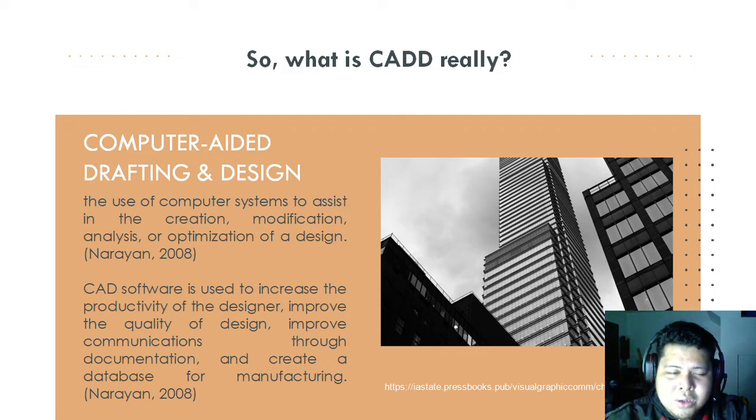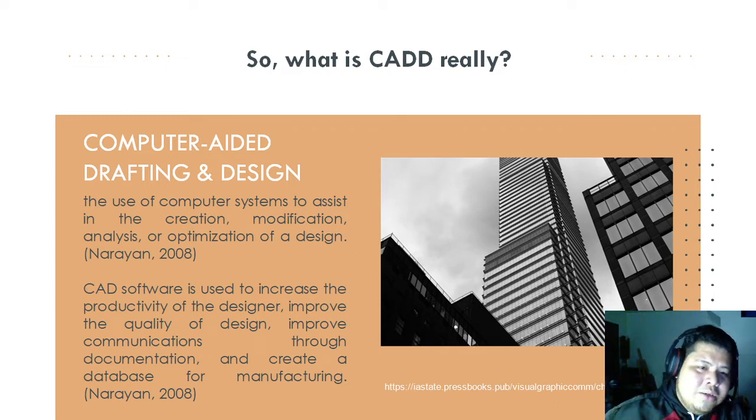We use all these programs to create, modify, analyze, and more importantly, optimize a design, to get the best out of the design. We optimize designs using computer programs or computer systems.